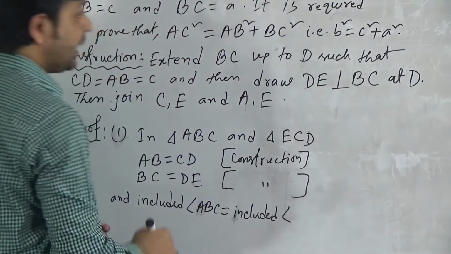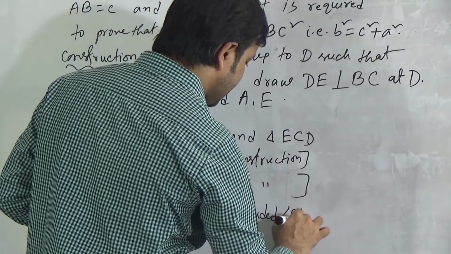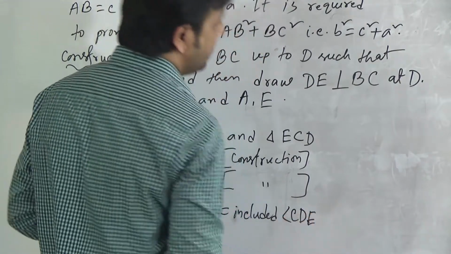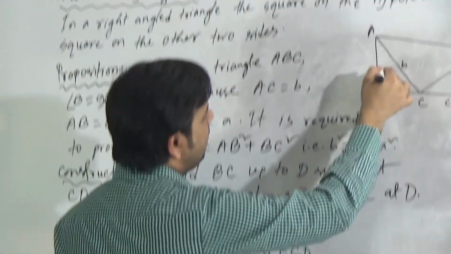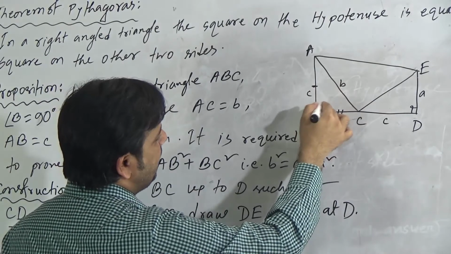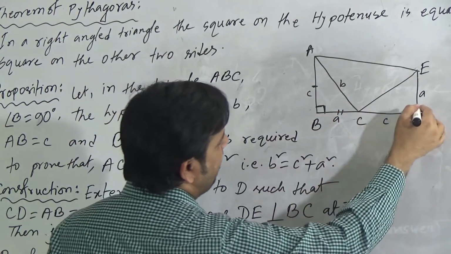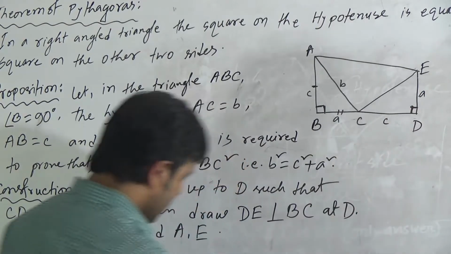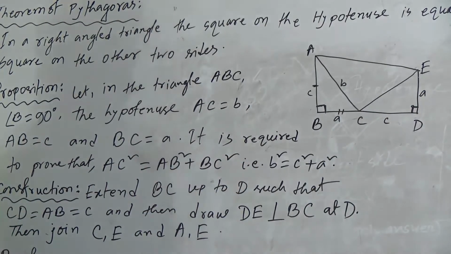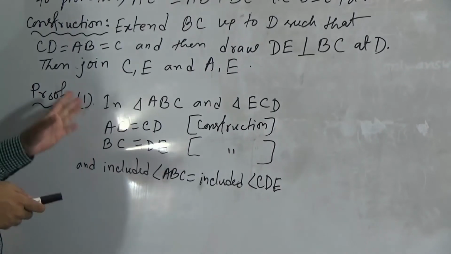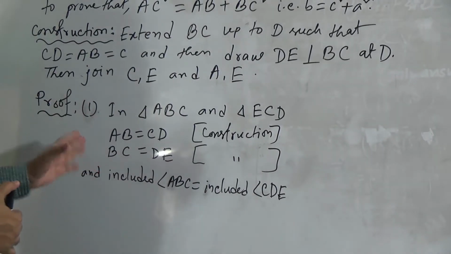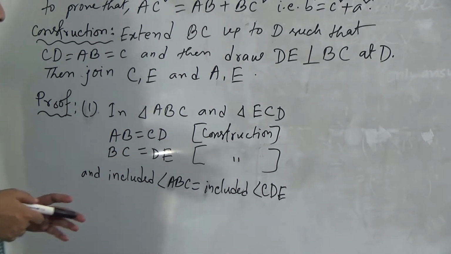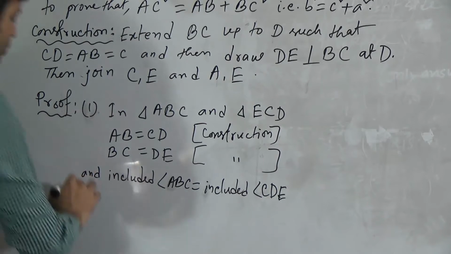Here included angle means angle included by the two equal sides. Here these two sides are equal and the angle included by these two sides is this one, and these two sides are equal, angle included by these two sides is this one. So according to the side angle side theorem of congruency of triangles, these two triangles are congruent.